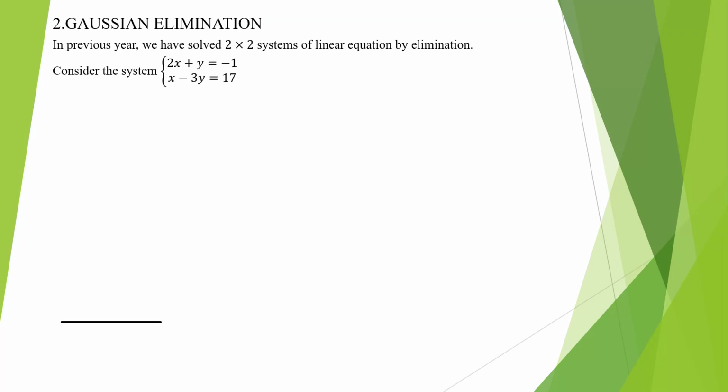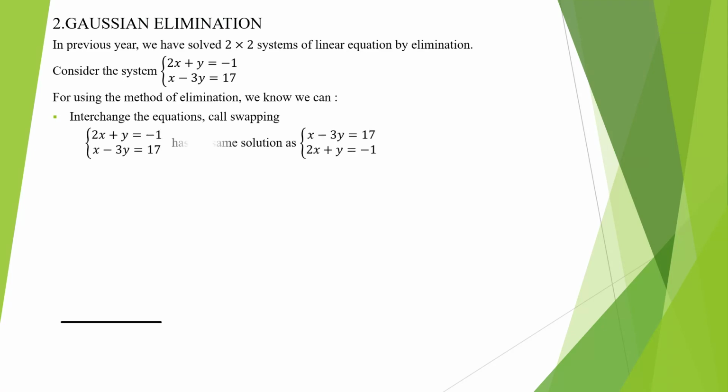Gaussian elimination. In previous years, in grade 9 or grade 10, we solved 2x2 systems of linear equations by elimination. Using the method of elimination, the first operation is to interchange equations, called swapping. With swapping, we can change row 1 to row 2 or row 2 to row 1.